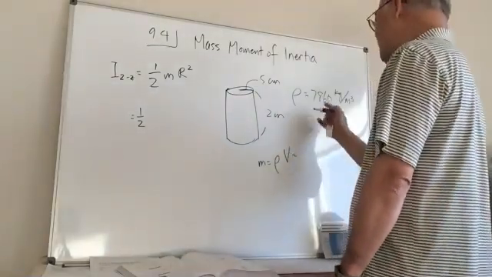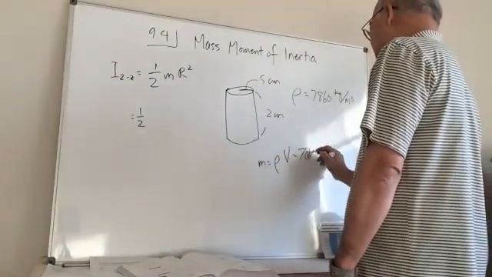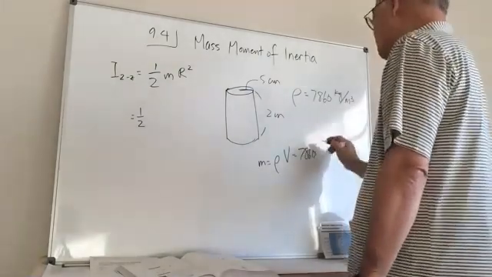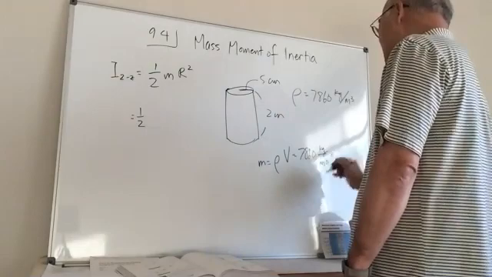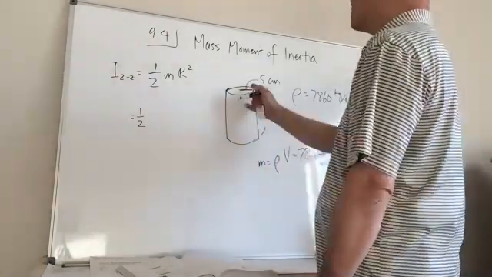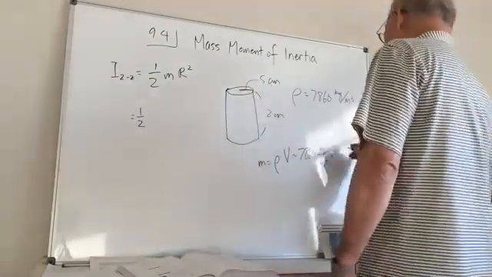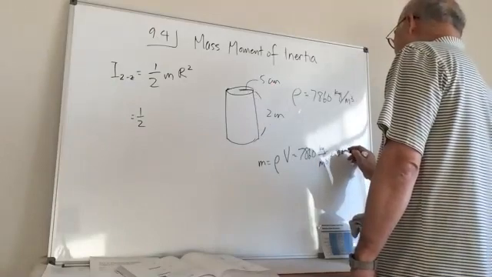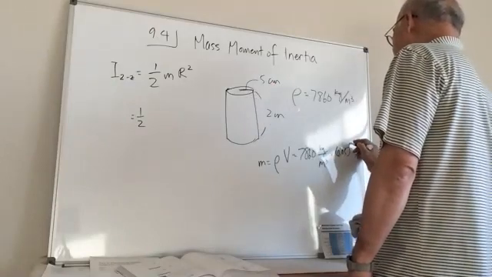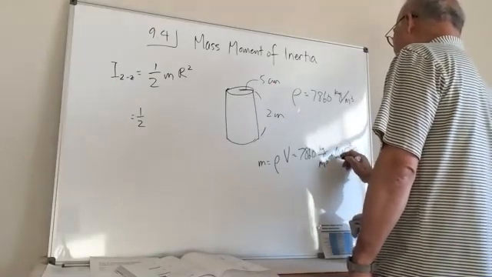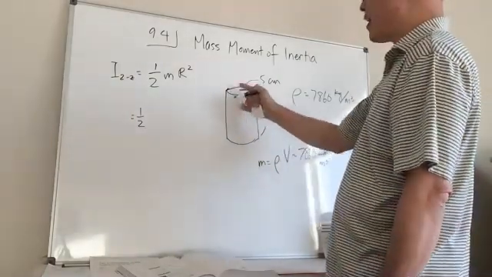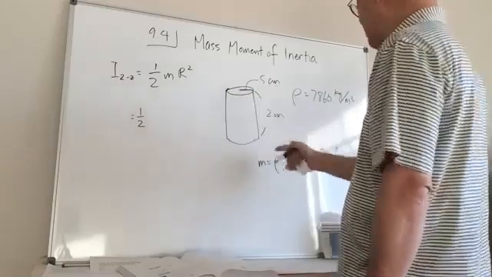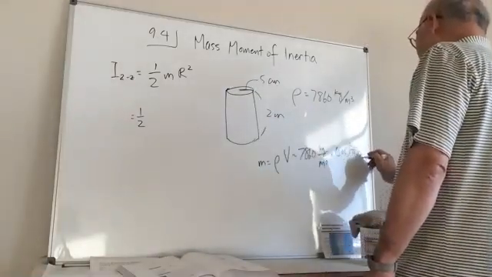I know what the density is, and it is in kilograms per meter cubed, times the volume. The volume is going to be 0.05 meters squared times pi, and that's the A, or the base. You have to multiply this by the height, so you multiply by 2 meters.